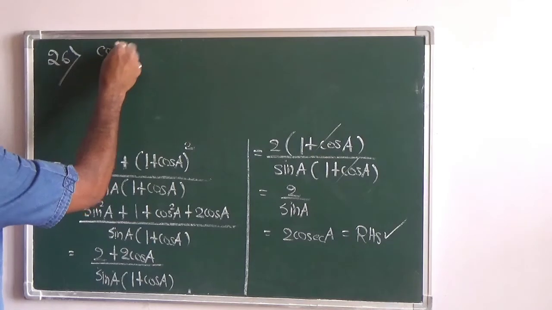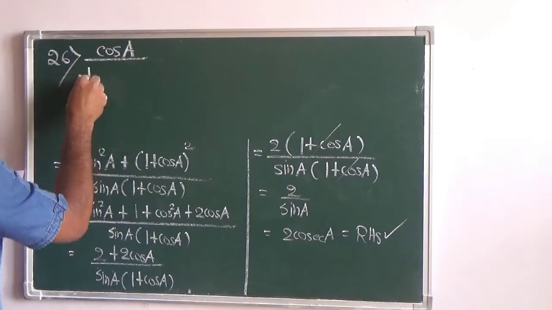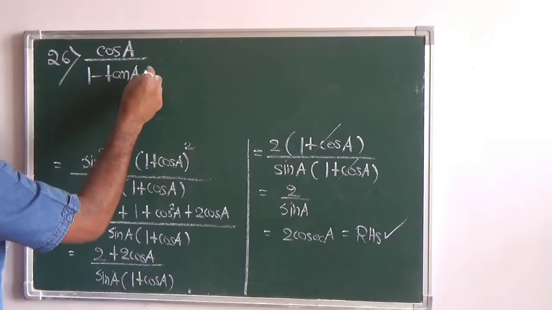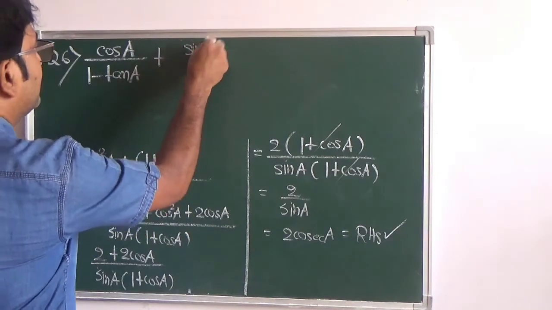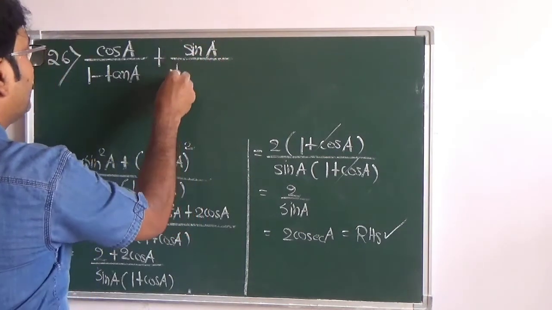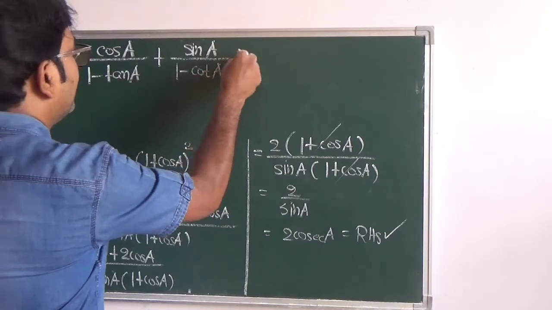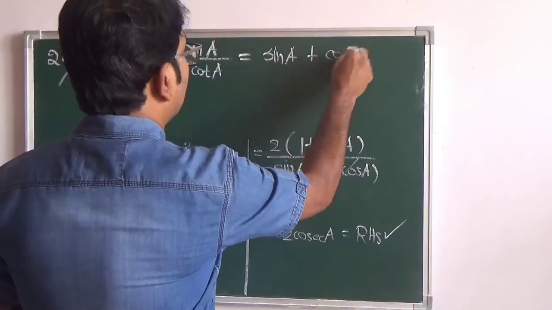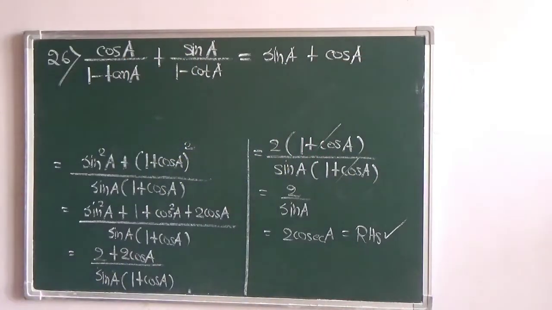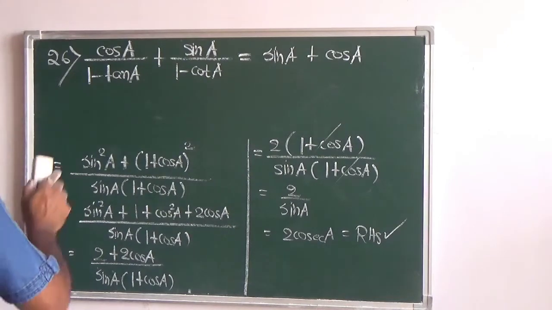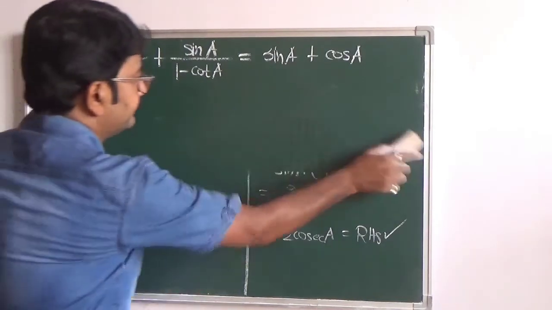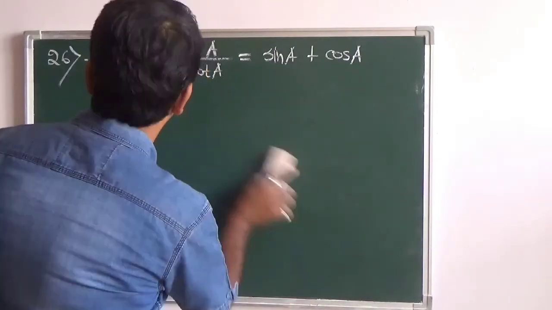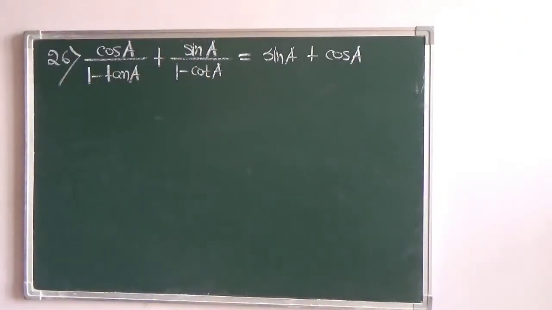Cos A by 1 minus tan A plus sin A divided by 1 minus cot A, and that gives us sin A plus cos A. Give it a try to this problem. Cos A by 1 minus tan A plus sin A by 1 minus cot A equals sin A plus cos A.